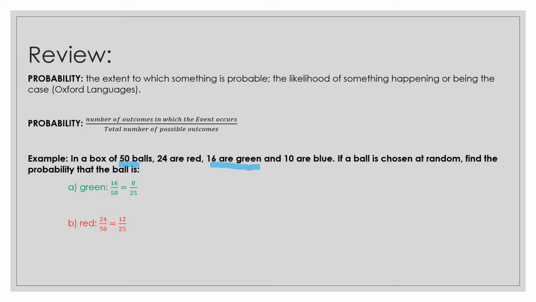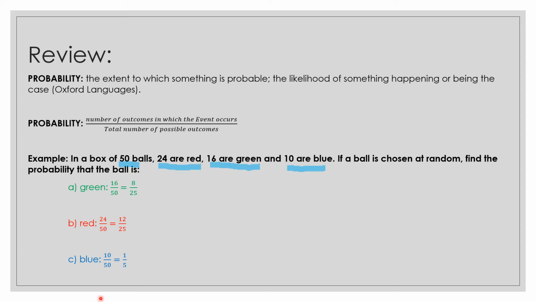Letter B, find the probability that the ball is red. Again, there are 24 red balls inside the box. So we have 24 divided by, in total, 50. So 24 over 50 will become 12 over 25. And finally, find the probability that the ball is blue. There are 10 blue balls inside the box, so we have 10 in the numerator.